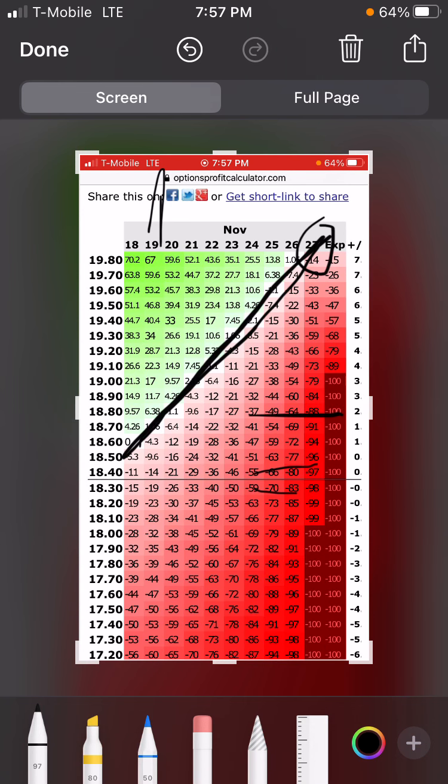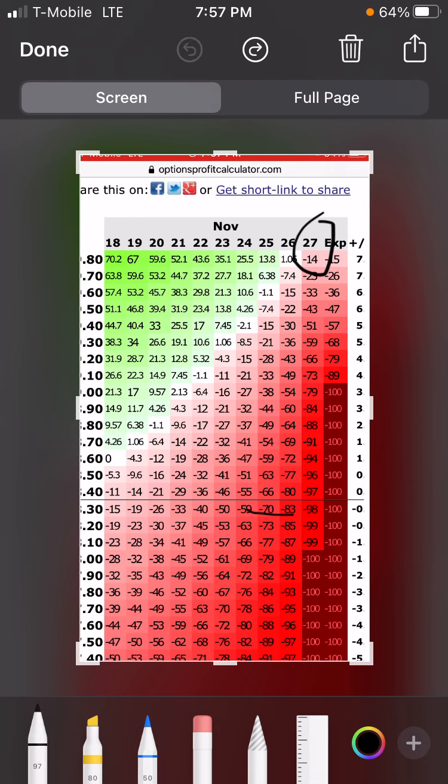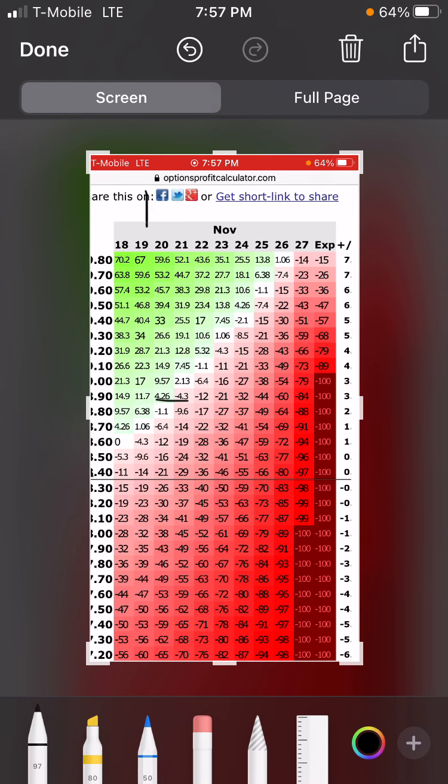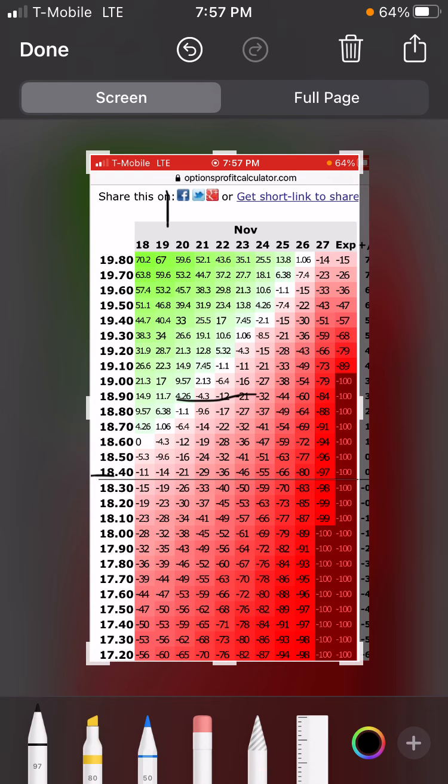On the 19th, if you scroll down to 18.70, that is where these two meet on this little white box over here. Let's undo all this stuff. Oh my God, it's annoying. So at 18.70 right here, you come down here and your break even in that little white box in the middle is 1.06.